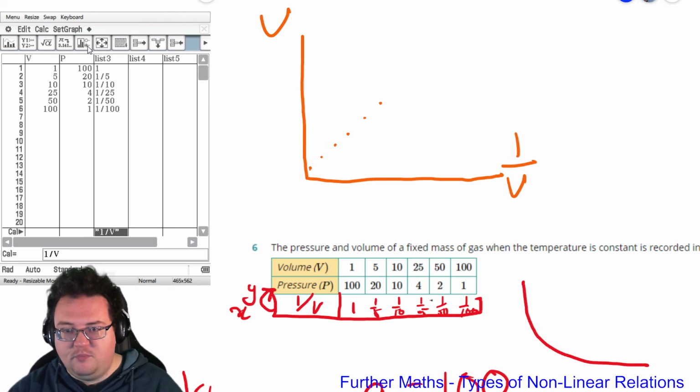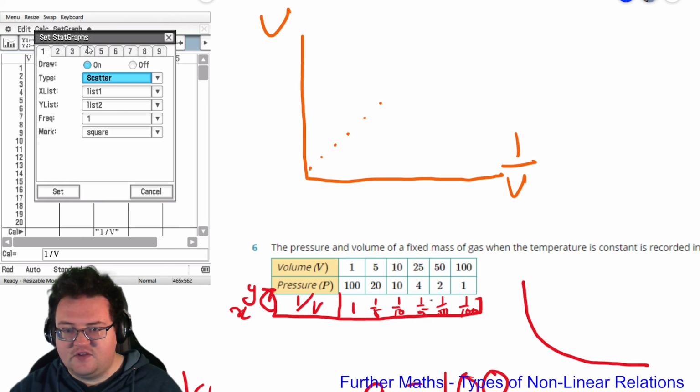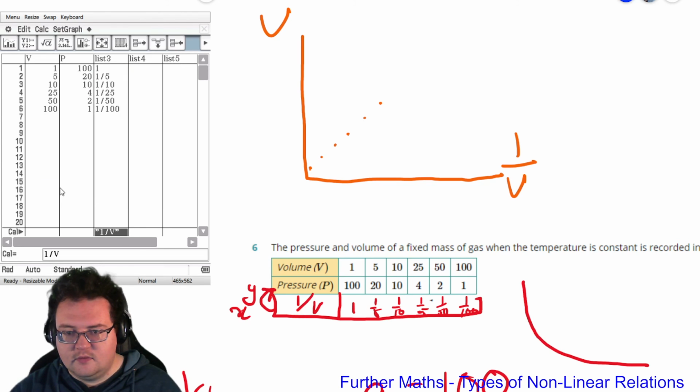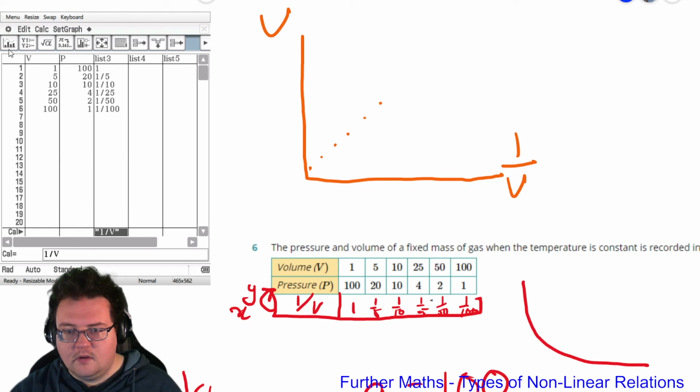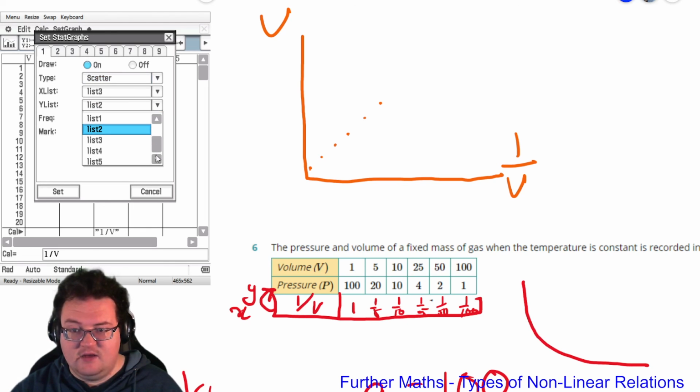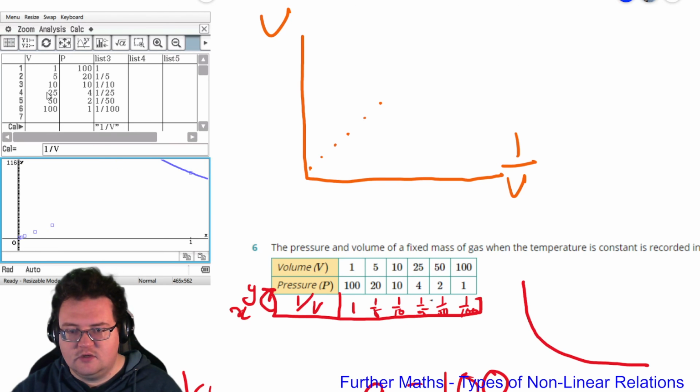And now I'm going to plot list 3 versus list 2, list 3 versus P. Got to make sure that if you've renamed them, you're using the correct ones.